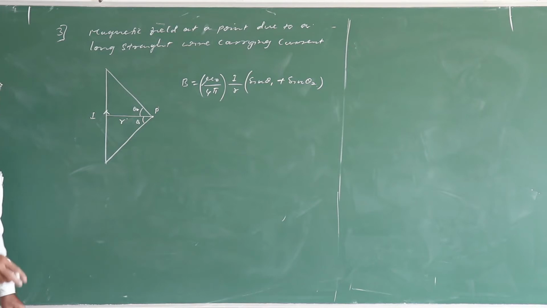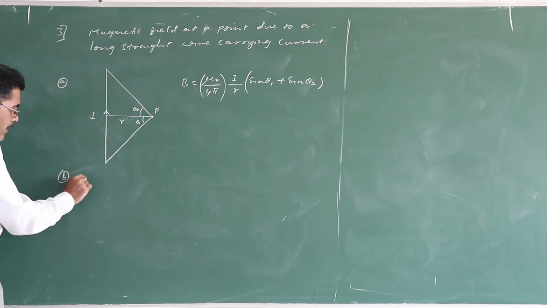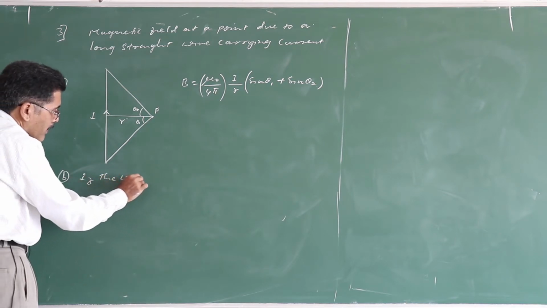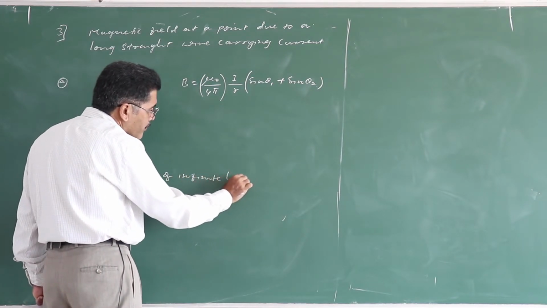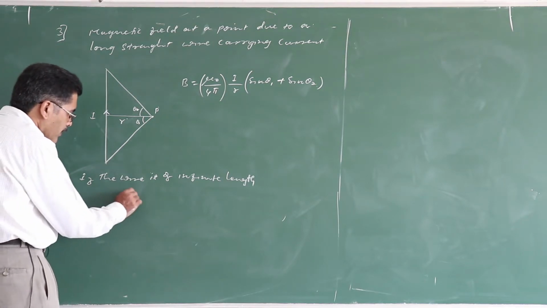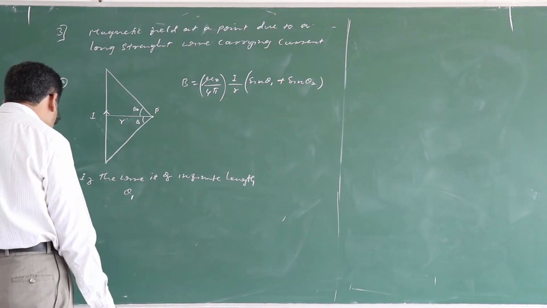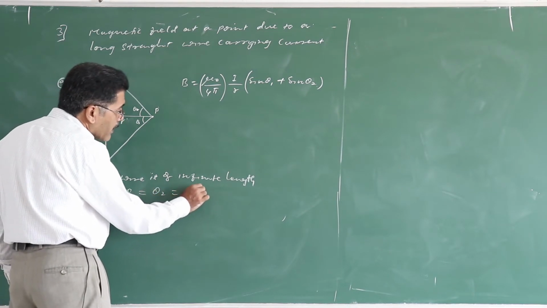Suppose the wire is of infinite length. In such a case, theta 1 is equal to theta 2 is equal to 90 degrees.